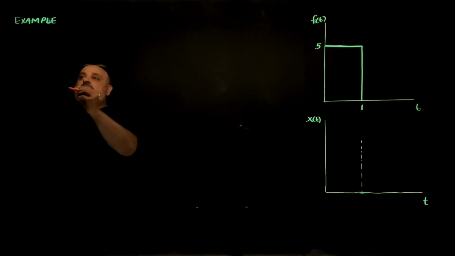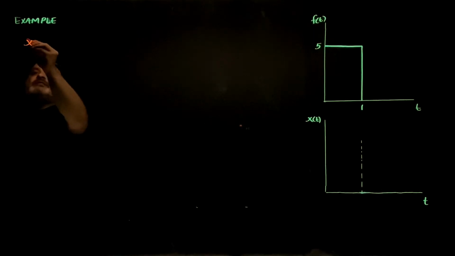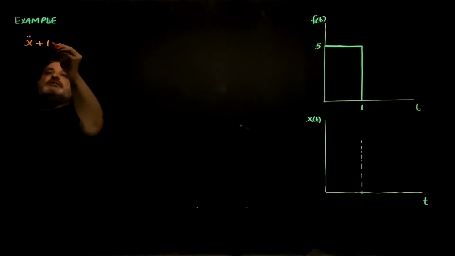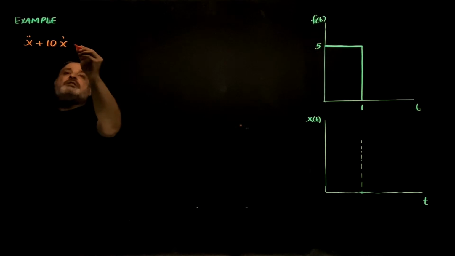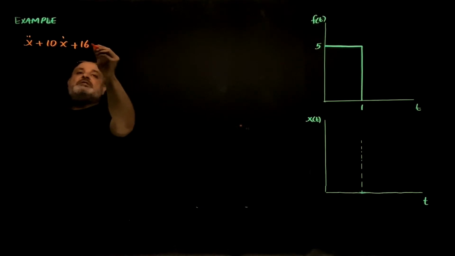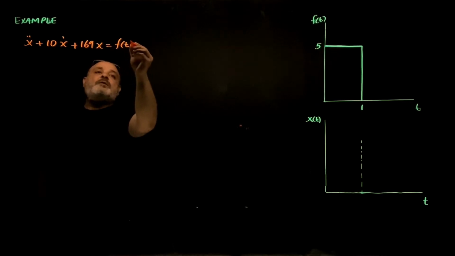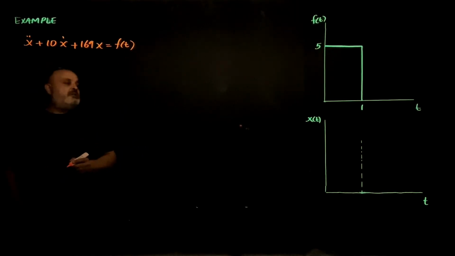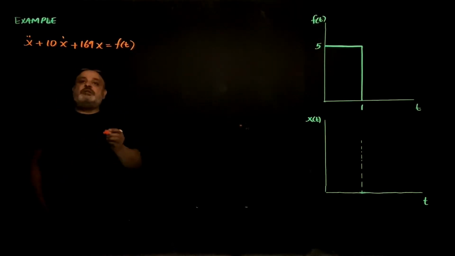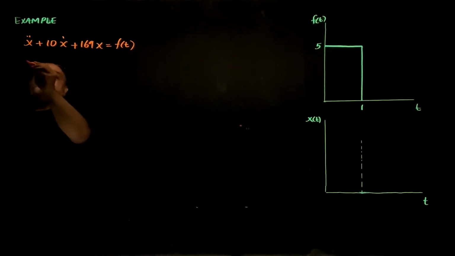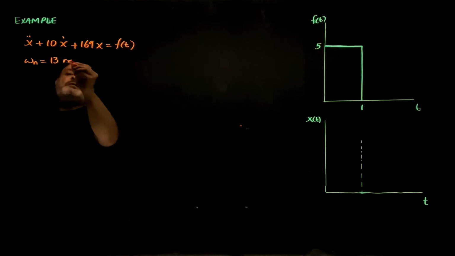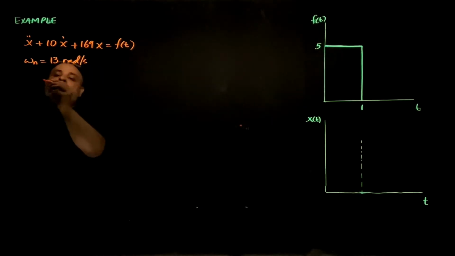First, the system given as x double dot plus 10x dot plus 169x is equal to f of t, and I can obviously determine that the natural frequency omega n is 13 radians per second.